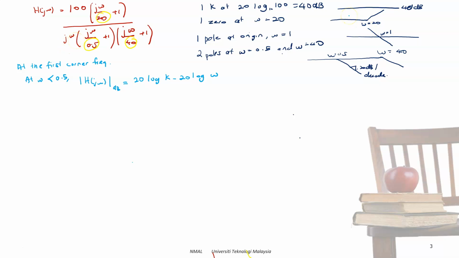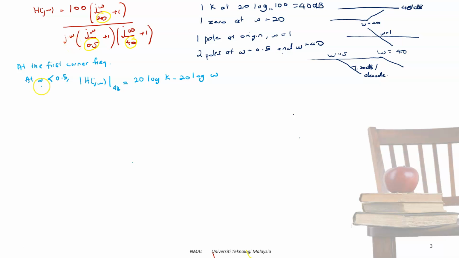Okay, this pole at origin. But the line here should intercept at omega equal to 1. So we have this equation, 20 log K, which we take from this 100, minus 20 log omega, which corresponds to pole at origin.